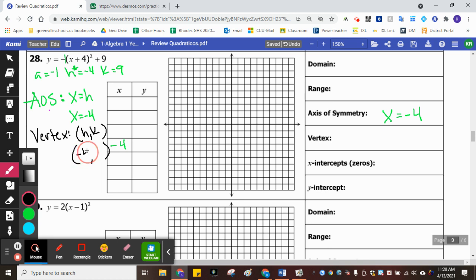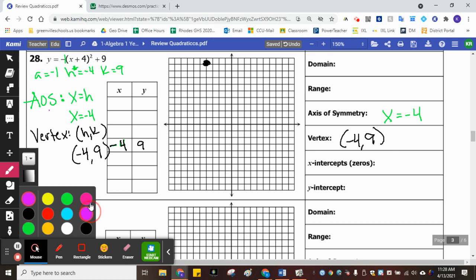H is -4, K is +9. So (-4, 9). 1, 2, 3, 4, up 9. Okay. And then your line of symmetry always goes through that.